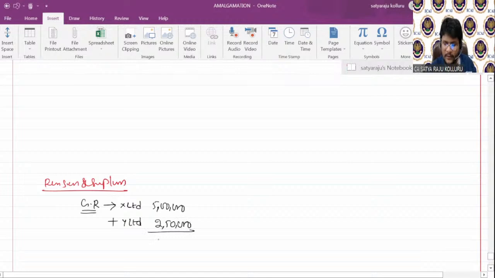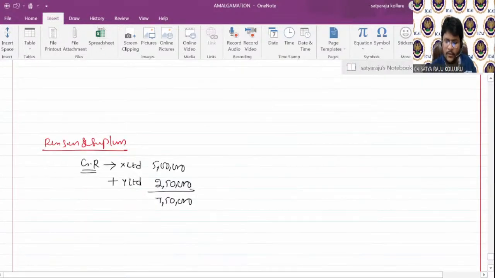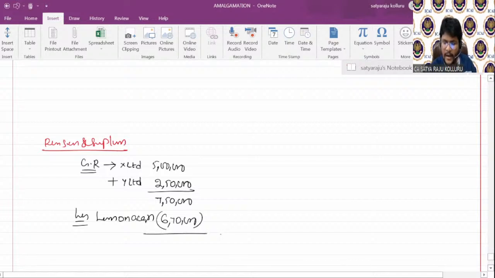So total is 7,50,000. From here, you are reducing loss on acquisition. How much is the loss on acquisition? 6,70,000. So the difference is how much? 80,000. You need to show under the general reserve 80,000.